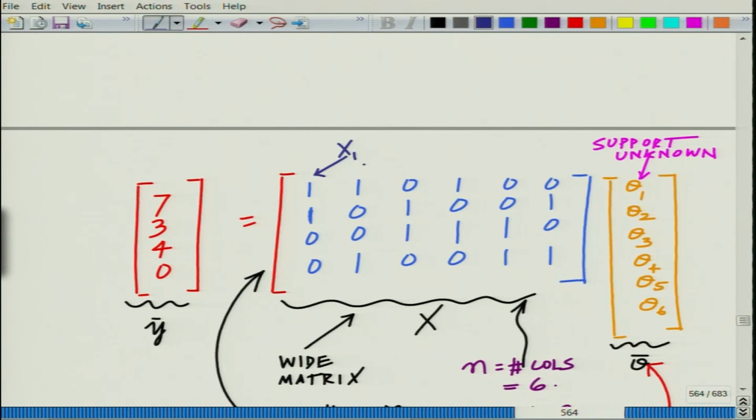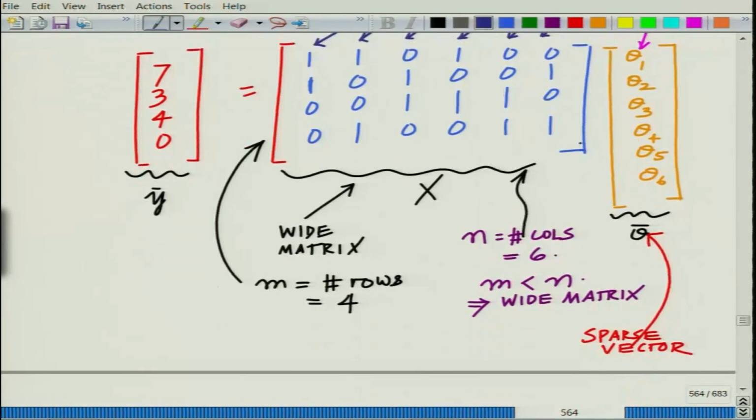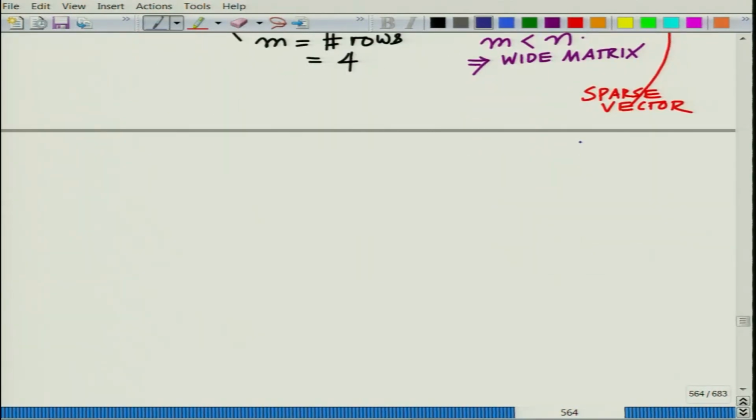Remember we said x1, x2, x3, x4, x6. These are the columns, and now we want to start the OMP procedure, which proceeds as follows.